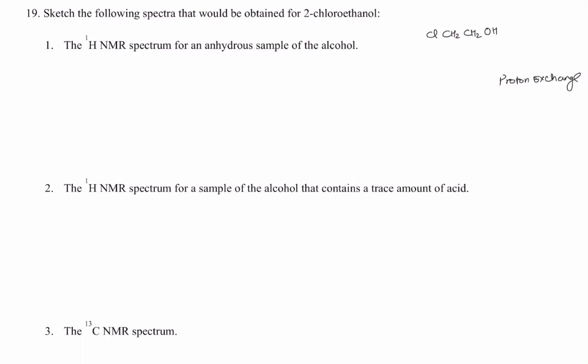So let's first label the hydrogens. This is going to be A, this is B, this is C. So A is going to be split as a triplet because we do have 2 protons here. So 2 plus 1, that should be split as a triplet. And B should be experiencing the effect of hydrogens of the hydroxy group as well as these methylene protons.